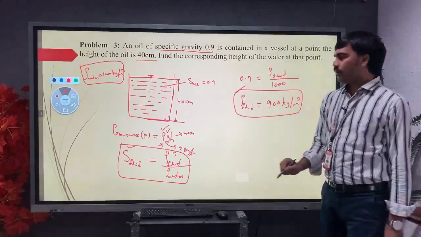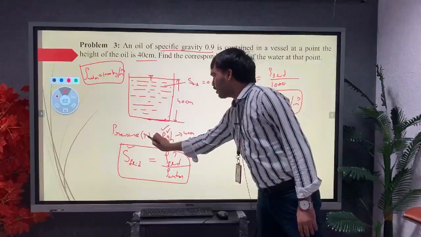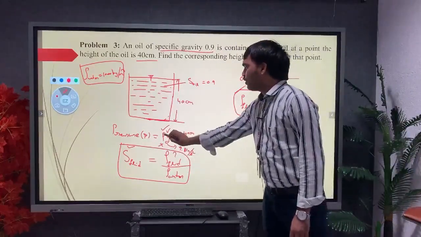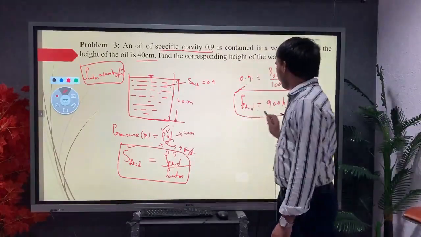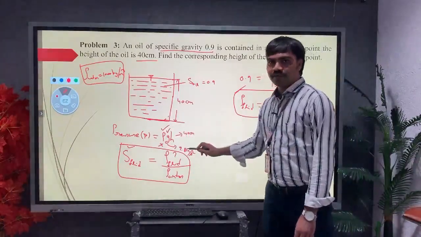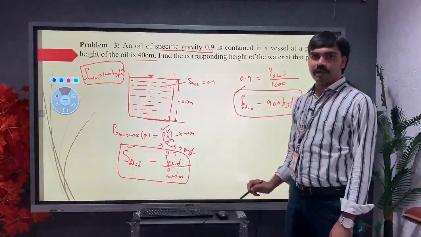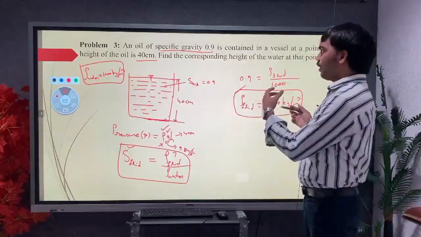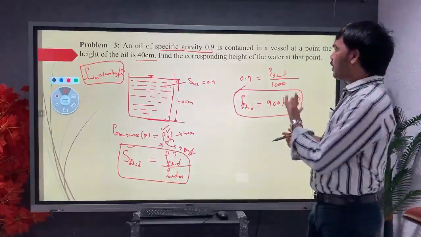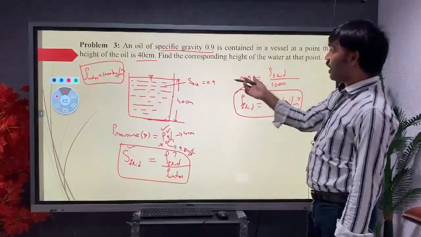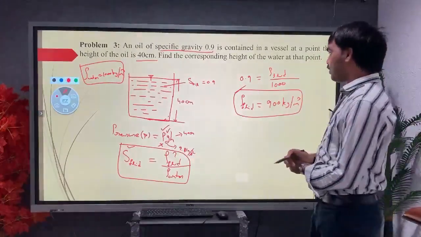Now your task is to find the pressure P. We need rho, g and h. We calculated rho, g we can assume, and h we know. If you substitute these values, you will get the pressure created by the oil with a height of 40 centimeters and a specific gravity of 0.9.